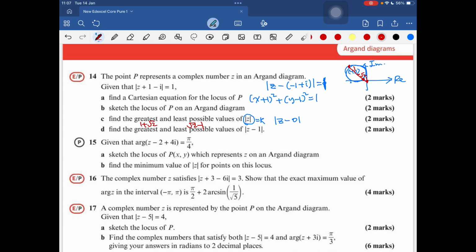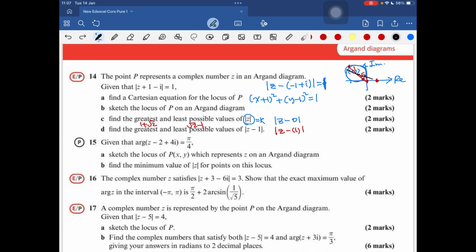What about modulus of z minus 1? Z minus 1 is the distance between z and 1, so 1 comma 0. So from here to z, the longest distance, the largest distance, like greatest, always passes through the center.